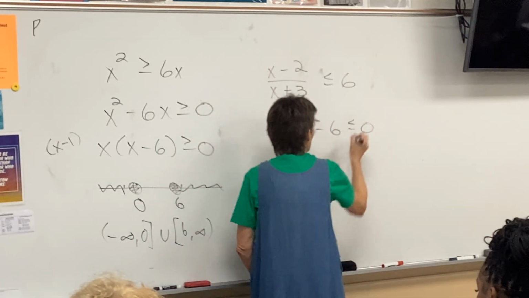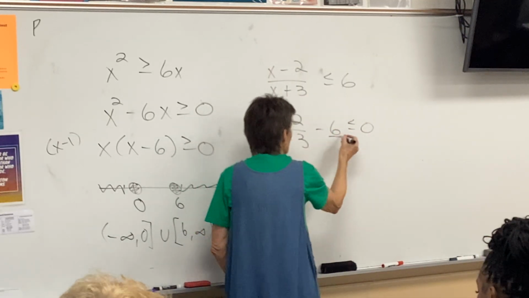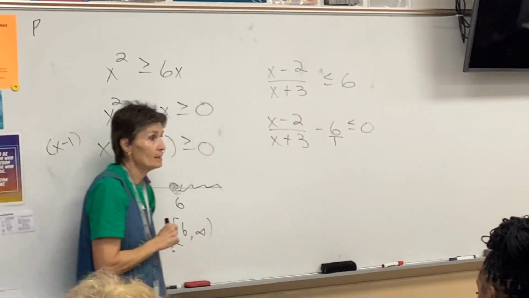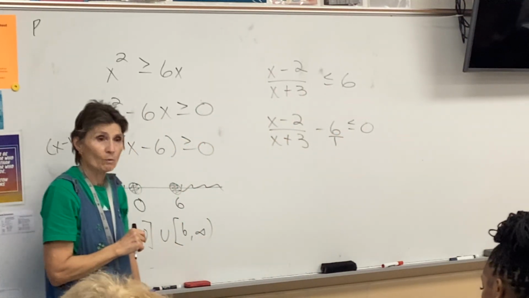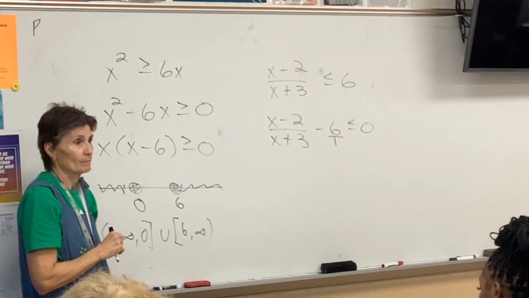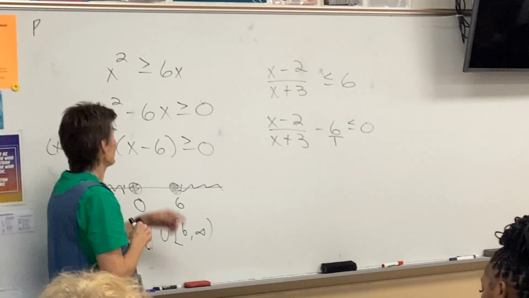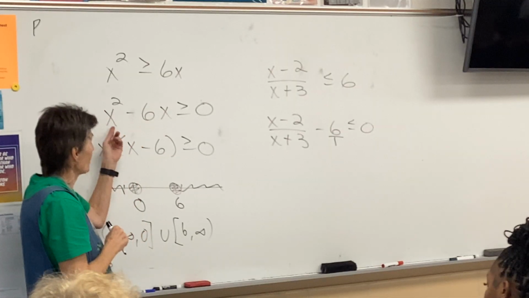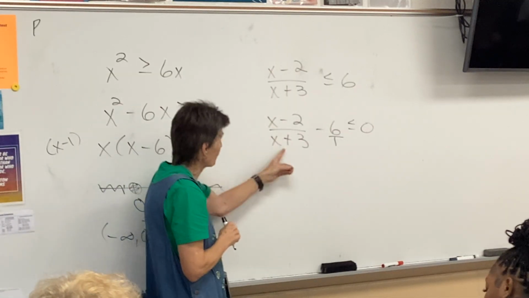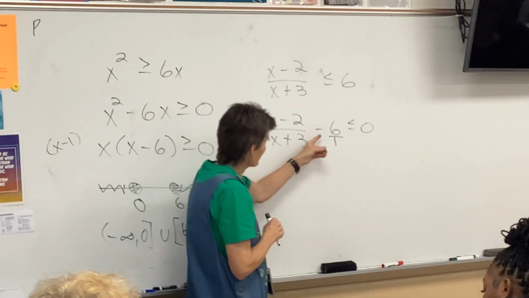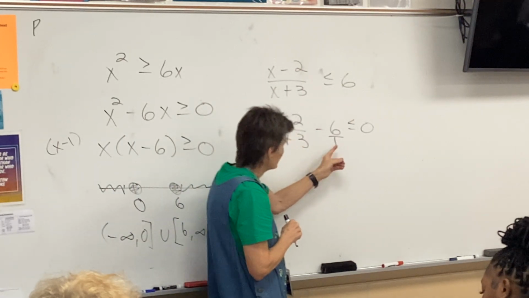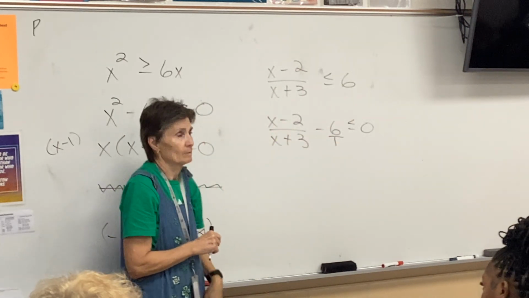And remember that that 6 is really a fraction. 6 over 1. I didn't worry about that over here because this wasn't a fraction either, but now here, this is a fraction. And now what am I gonna do?